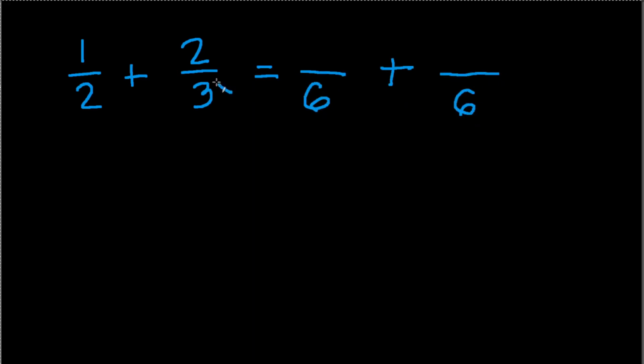And then, cross multiplication. 3 times 1 is just 3. And then, 2 times 2 is simply 4. That's it. And then, since same yung denominator, mag-add na lang ulit. 3 plus 4 is 7 over 6. And then, kung isi-simplify natin siya, ang kakalabasan niyan is 1 and 1/6. So, either of the two, pwedeng sagot.